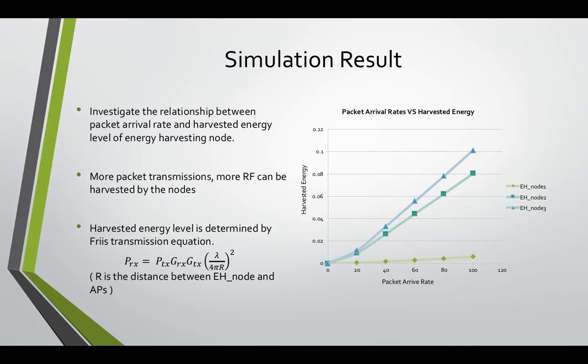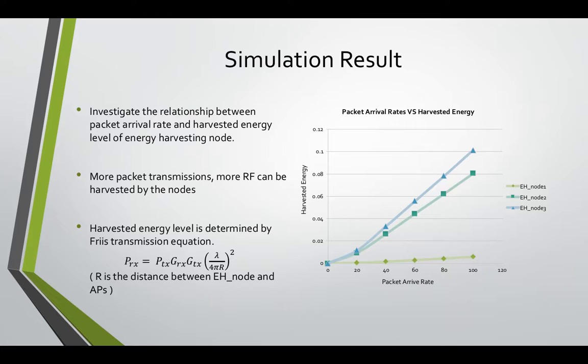However, the energy harvested by node 1 didn't increase dramatically like the other two nodes. This is because the distance between energy harvesting node 1 and the access points is too long. Node 1 is too far away from all of the access points.